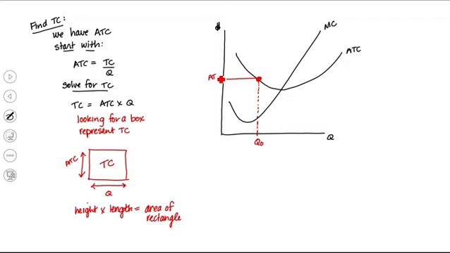So we agree that this is average total cost. Do we have a box with a height of average total cost and a length of Q? Yeah. So here's our height. Here's our length. Does everyone agree that I've gotten back a box? So this box right here represents total cost.